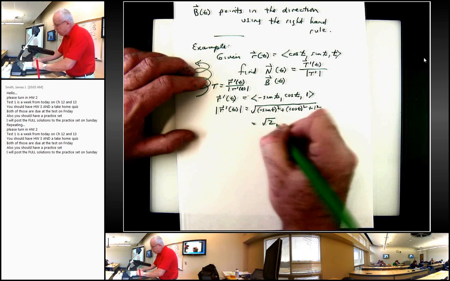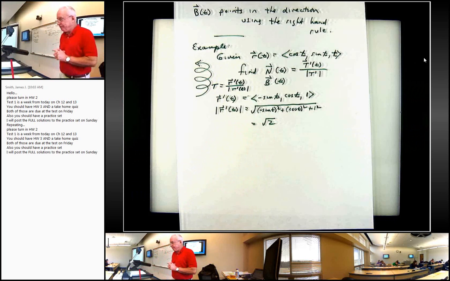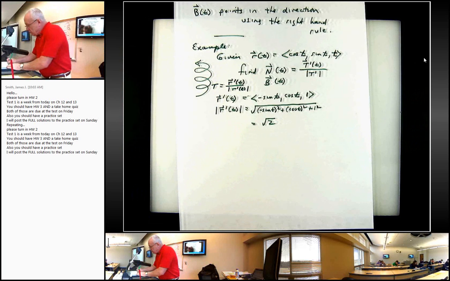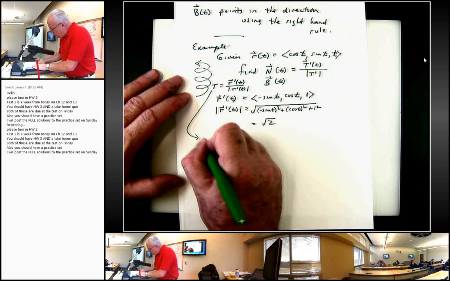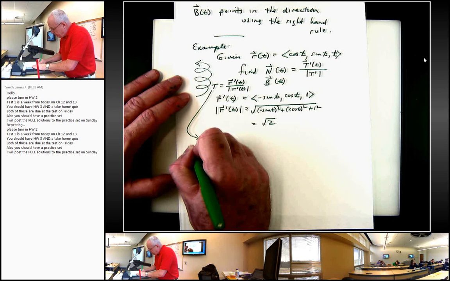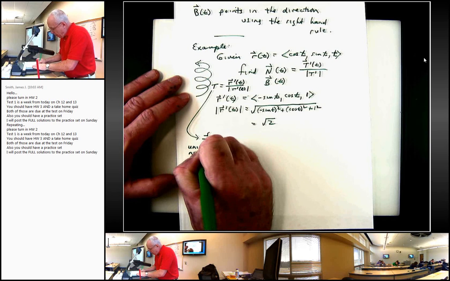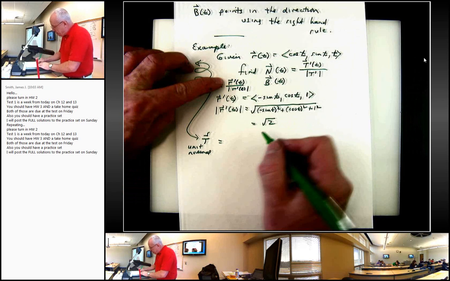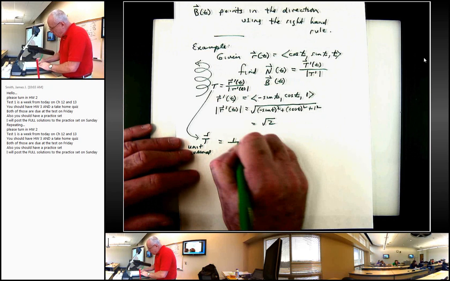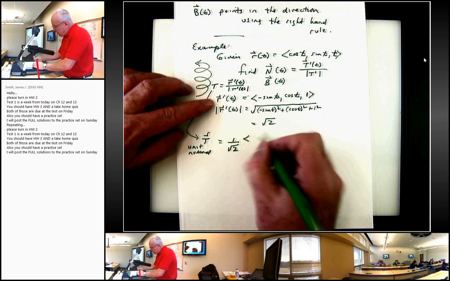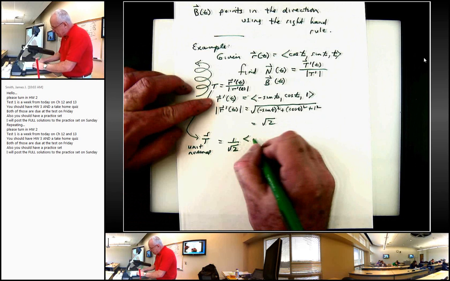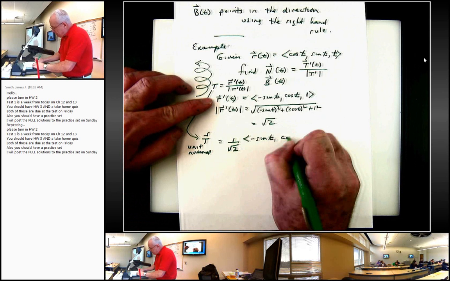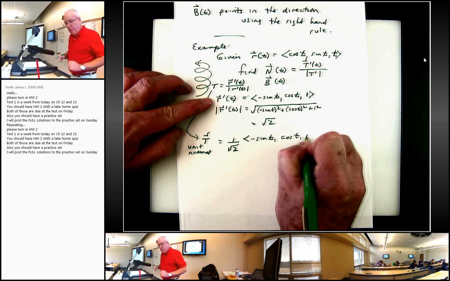That's all going to come out to be the square root of 2. All right? So therefore, our T is going to be r prime divided by the magnitude, so it's 1 over the square root of 2 times r prime, which is negative sine t, cosine t, and 1.